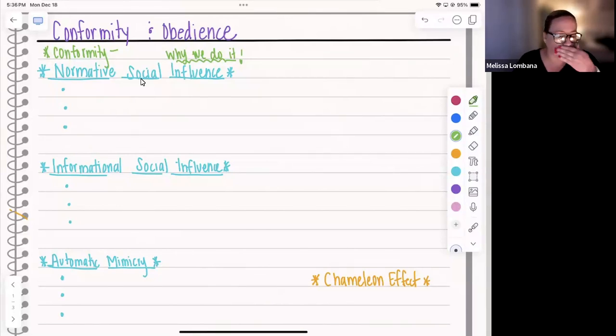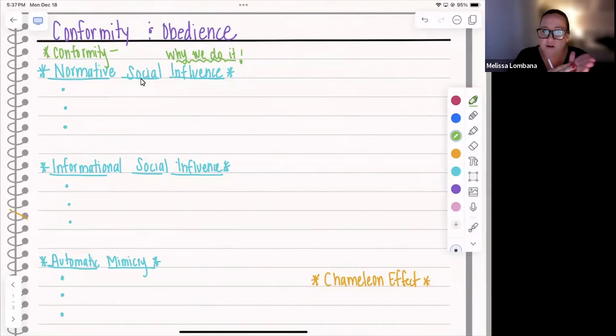Okay, so informational social influence is when we're given information from our group, and that is what's going to influence our behavior.